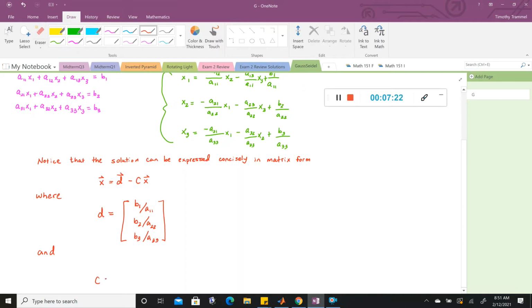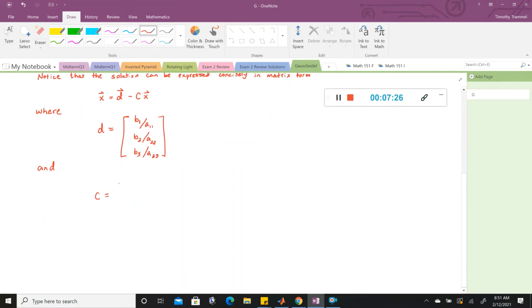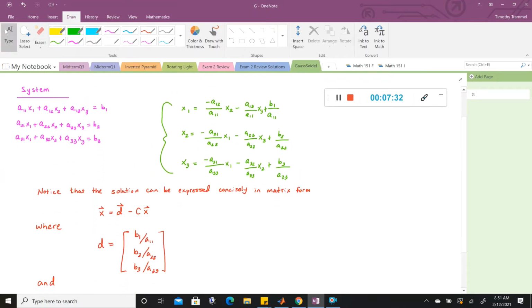The matrix C is going to have everything in this system up here other than these B's, and we'll see why that's the case in a minute.